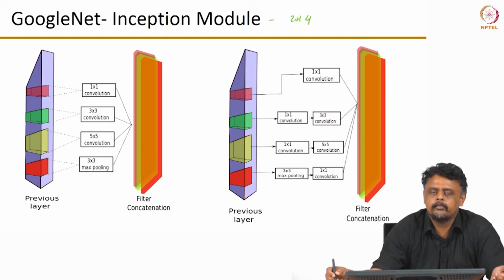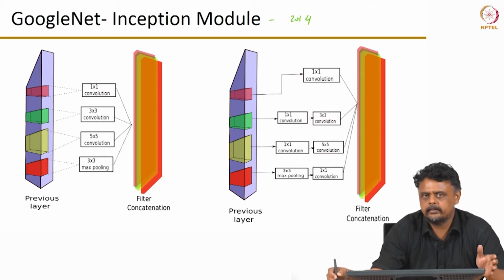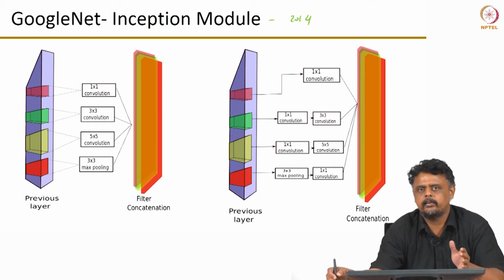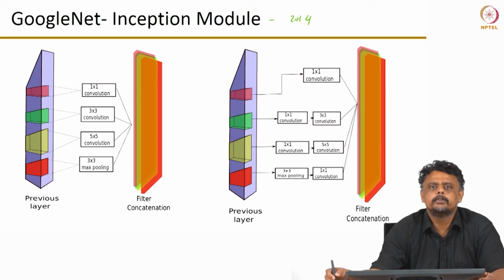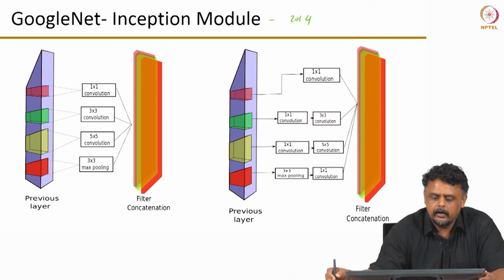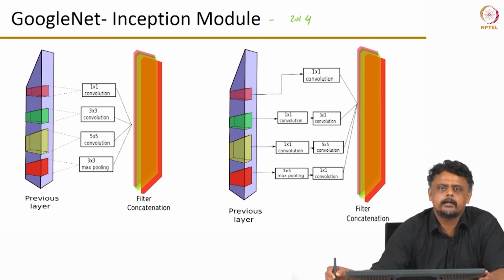And if you recall AlexNet, AlexNet had variable filter sizes. The first layer had 11 cross 11 filters, then we had 5 cross 5 filters, then 3 cross 3, and then a fully connected network. Okay. So the Inception module incorporates both these concepts, in the sense that every layer has all possible filter sizes.